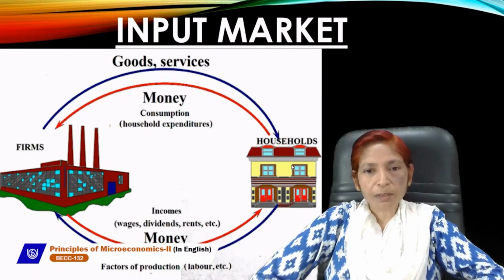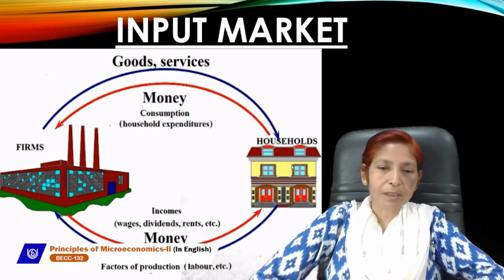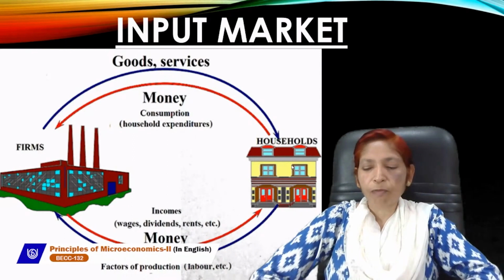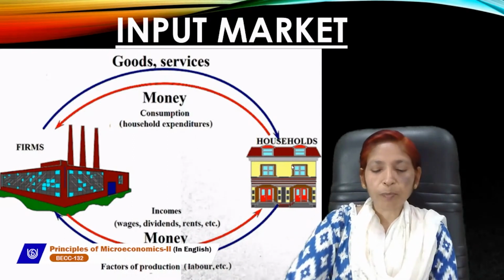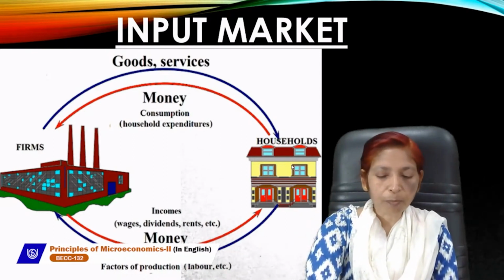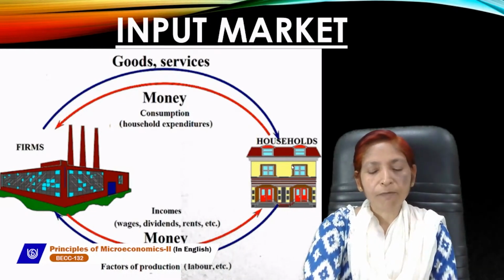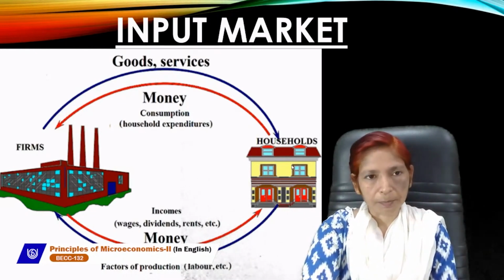The household gets these rewards and spends money on goods and services produced by the firm sector. So the input market plays a very important role in the factor pricing theory.